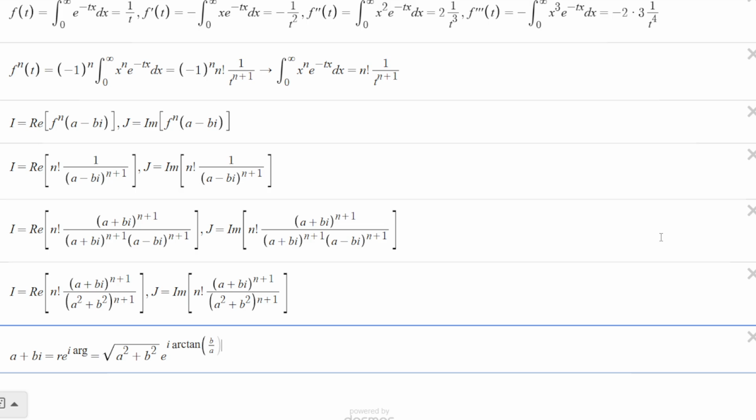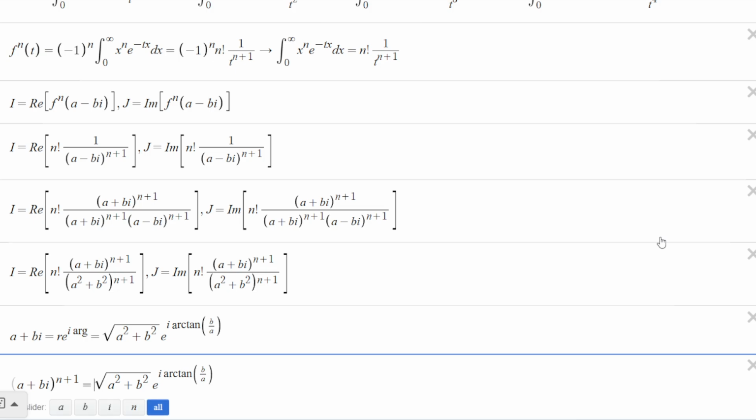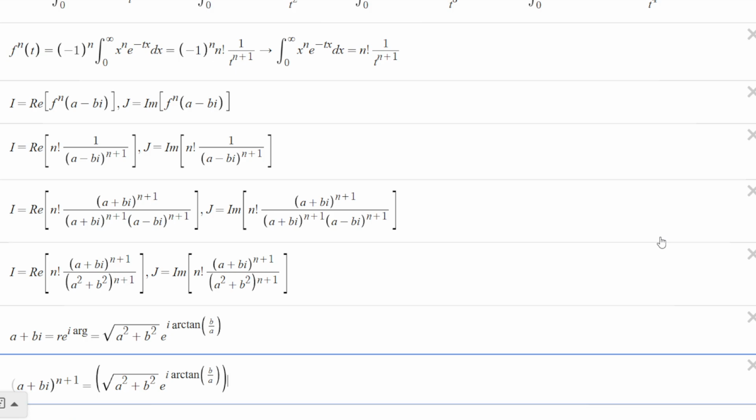Let's see. We can do a little bit better than this, I think. Well, we need to raise both sides to the n plus 1 power, don't we? And that's going to equal this side to the n plus 1 power.